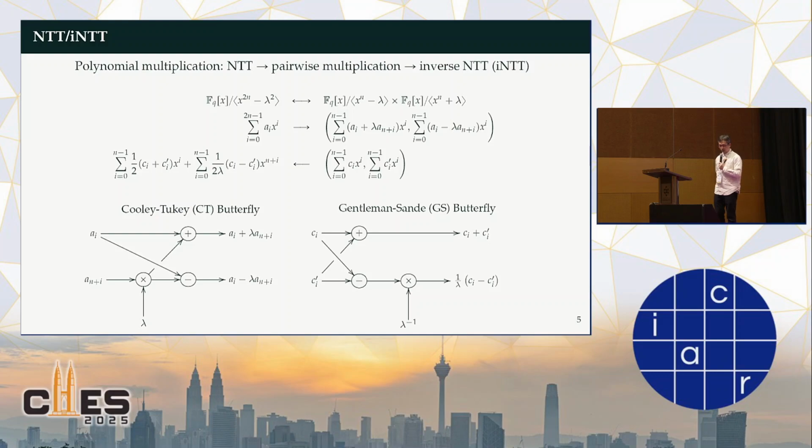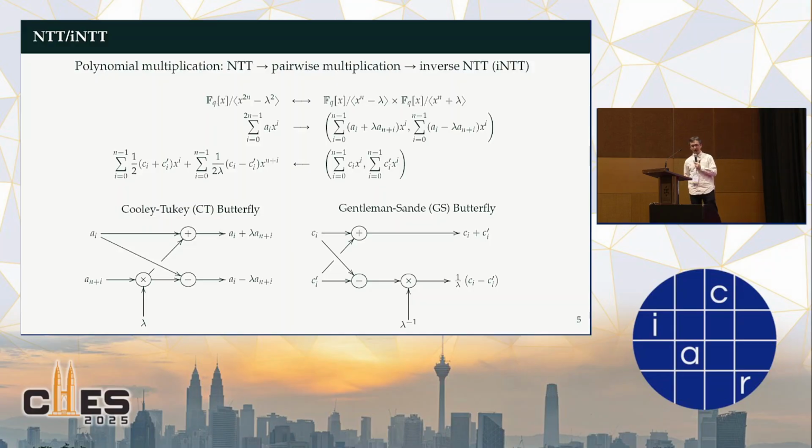This slide shows you the one-level NTT, but I will not go into the details. Basically, NTT computes isomorphisms between quotient rings. This is done by applying different butterflies at one level of NTT, for example, the Cooley-Tukey butterfly and the Gentleman-Sande butterfly.